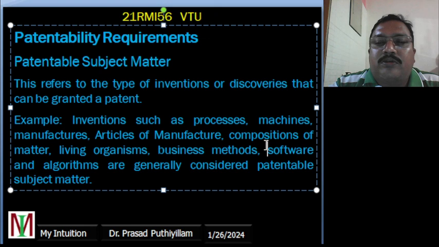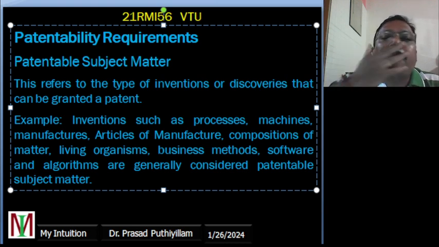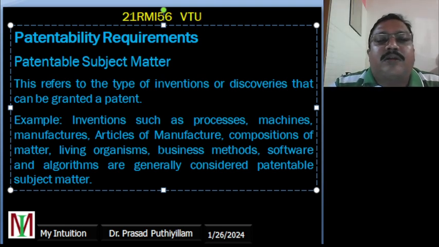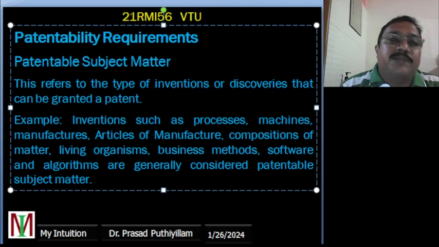Next one is composition of matter. Composition of matter refers to chemical compounds, chemical mixtures, or formulations with different chemical compositions having different properties. Mainly it covers pharmacy; biotechnology is different, pharmacy is different.